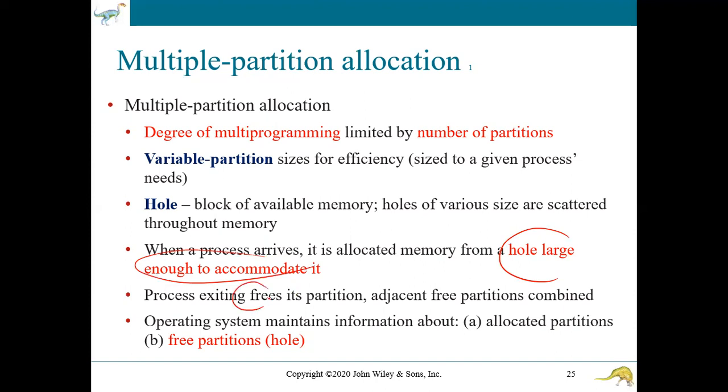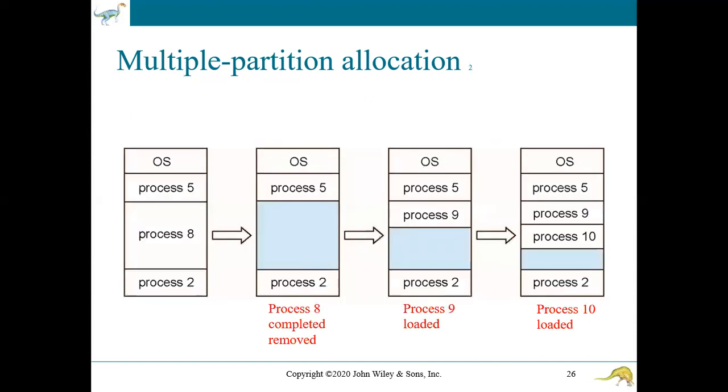So a process is exiting, becomes a free partition, and two partitions are actually freed up, so they're combined together to become a single hole. Okay. So 2 or 3 adjacent partitions are combined together to make a single hole. So the operating system is maintaining the allocated partitions and also holes.